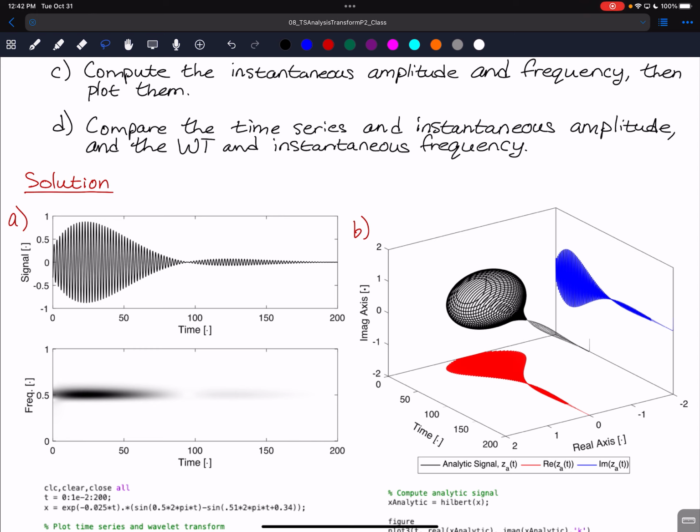You can see you get a very nice spirally, very clean signal in this case. And if you look at the red and then the blue, you'll see that they are very much the same. If you were to zoom in, you'd find that they actually just have opposite signs due to that Hilbert transform.